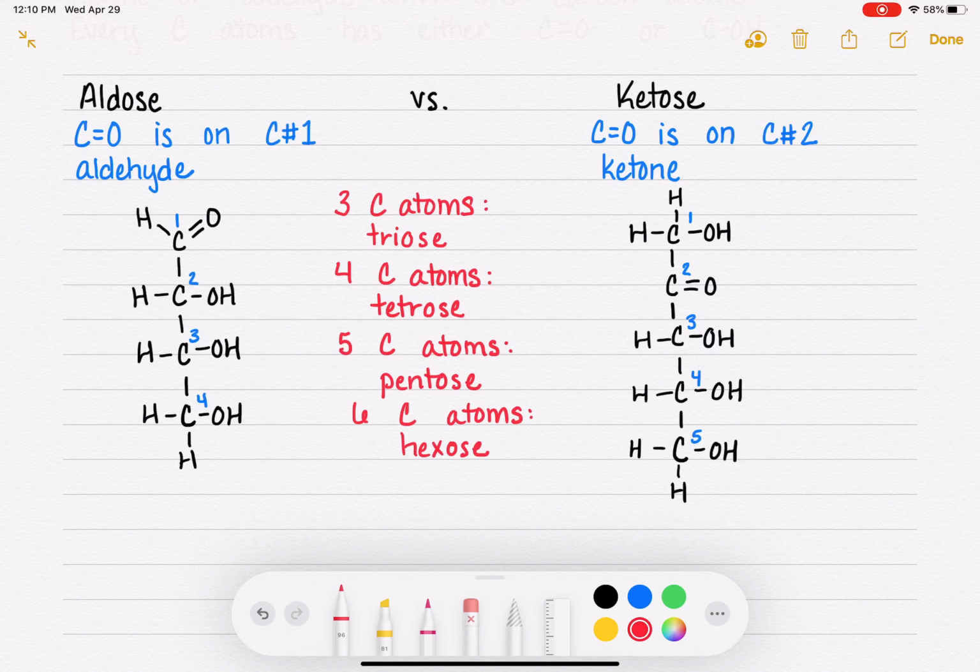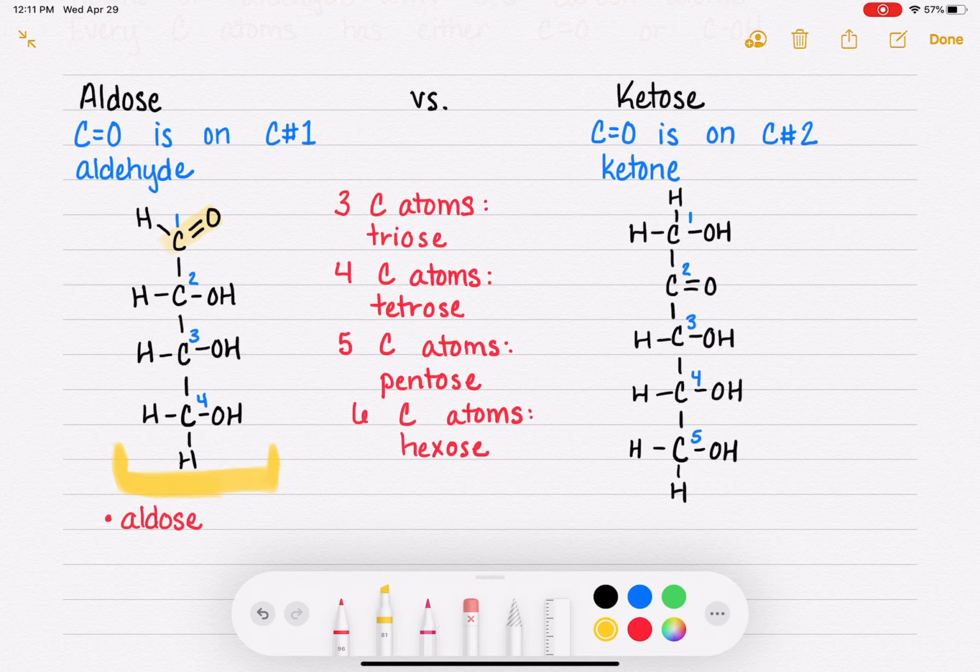So for our two molecules, in looking at this one right here, if we wanted to describe this, we could call it an aldose, and that would be correct, and it would be kind of a generic name because when we say aldose, the only thing that we're communicating in that name is the position of the carbon-oxygen double bond.